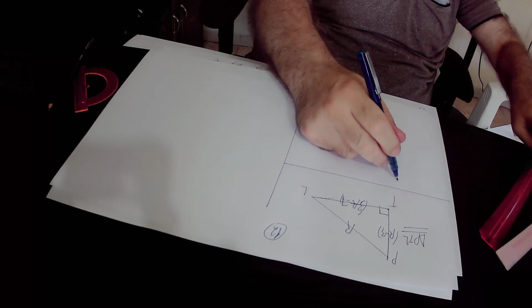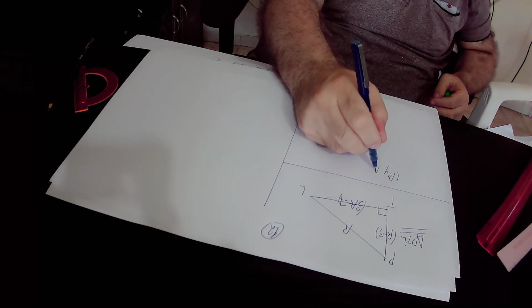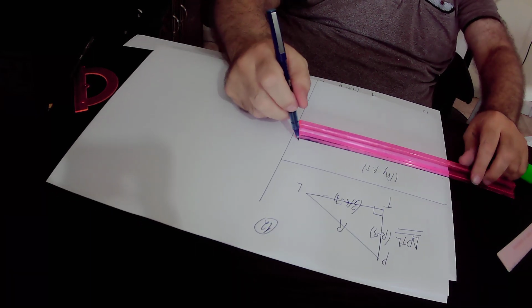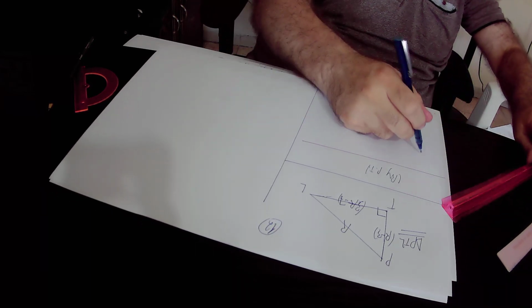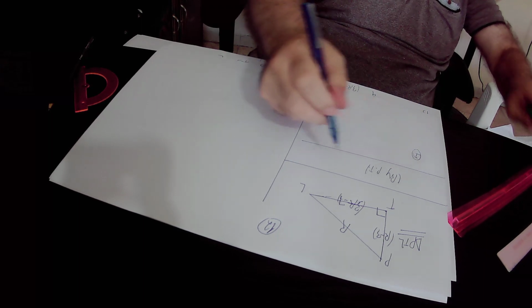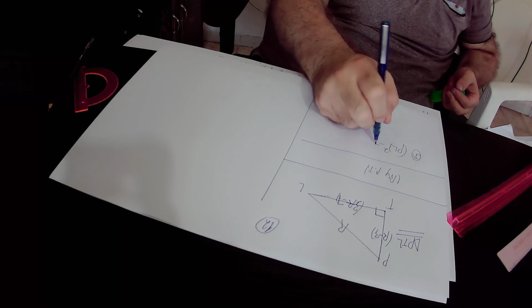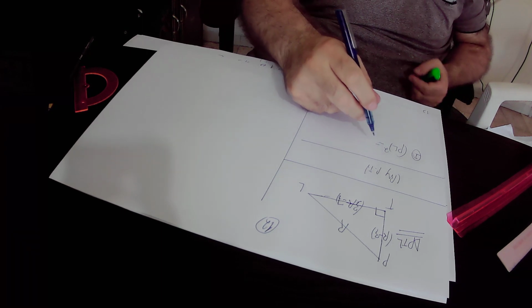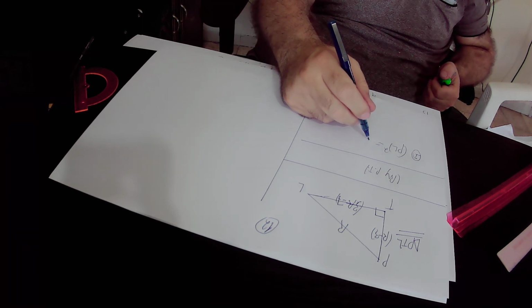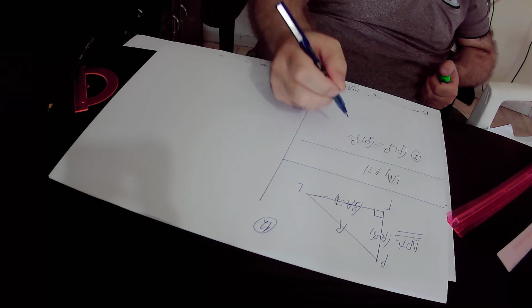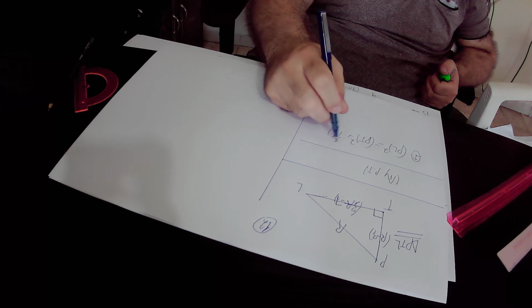So here, the relation from the Pythagoras theorem: the square of the hypotenuse equals the sum of the squares of the perpendiculars. That is to say, the hypotenuse is PL, therefore the square of the hypotenuse is PL square, and it must be equal to PT square plus TL square.